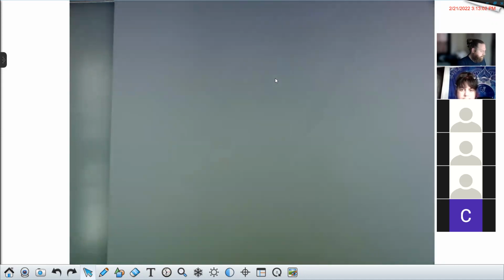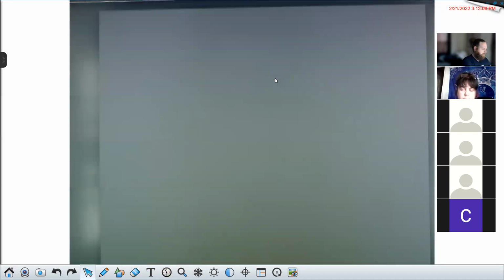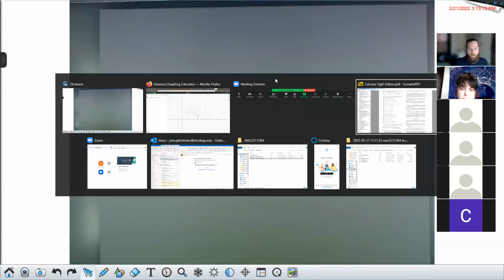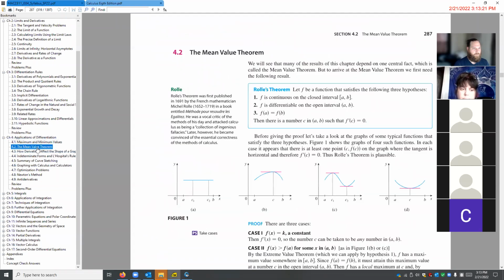So that's it for 4.1. 4.2 though is connected to 4.1, and what we're going to be talking about there is increasing and decreasing functions, connections to the derivative. I always refer to this as how the derivative affects the shape of the graph. Oh, MVT is in between this. We'll come back to MVT.